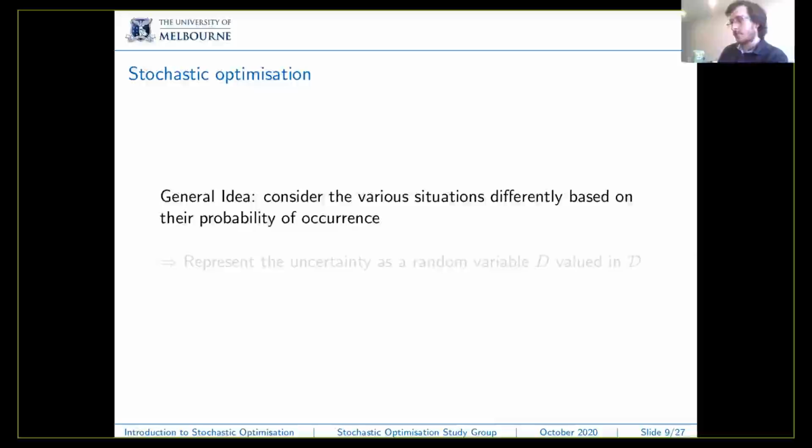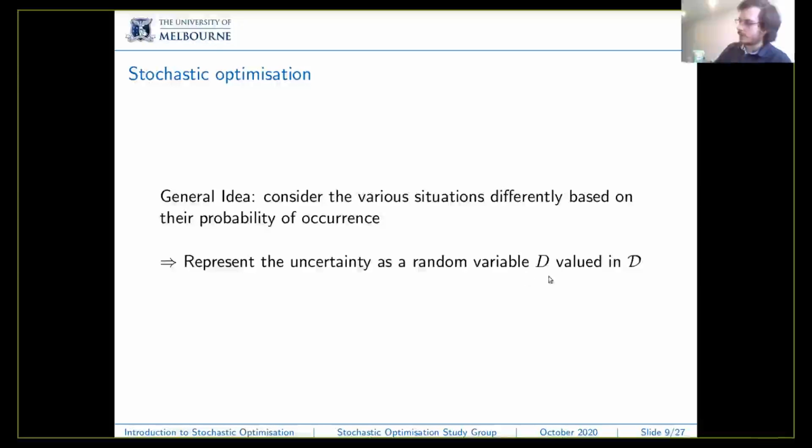We will use this in the representation of our problems. Formally, it means that we will represent our uncertain parameter as a random variable that takes values in the uncertainty set. So now we have some kind of probability distribution instead of just a set.